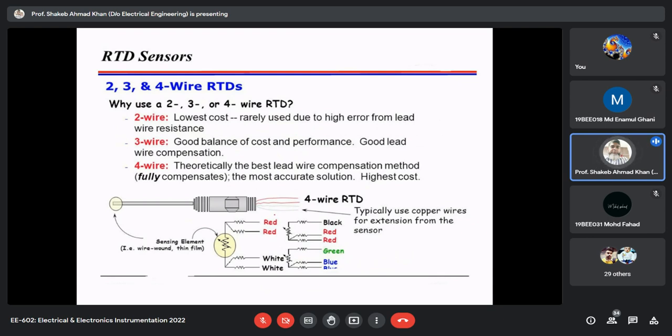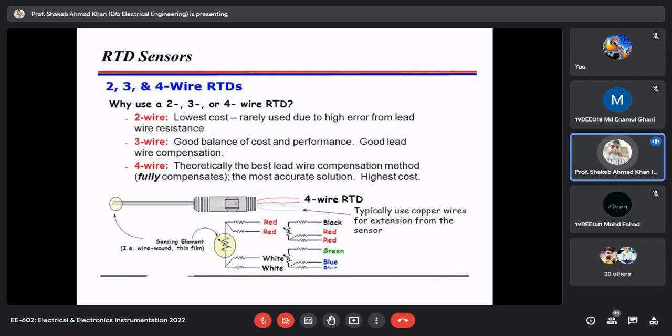Different types, meaning 2 wire, 3 wire and 4 wire RTDs, are there in the market. In 2 wire, it is not possible to provide compensation for lead resistance, but in 3 and 4 wire it is possible.